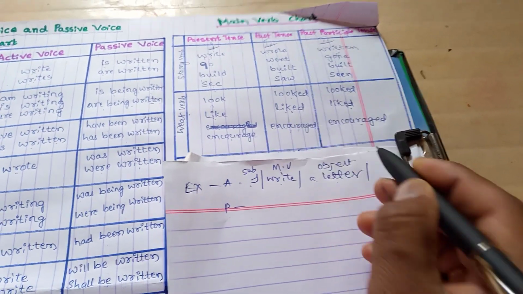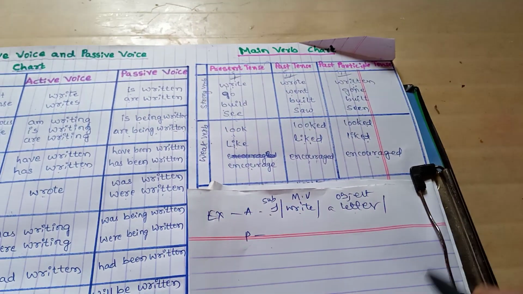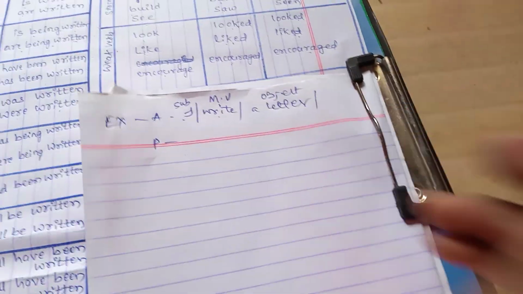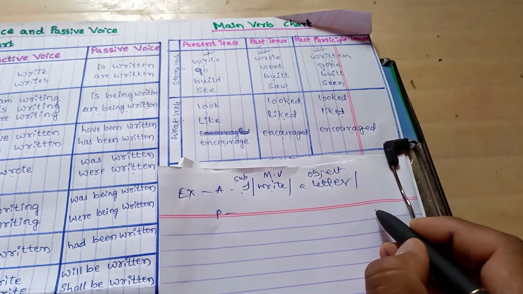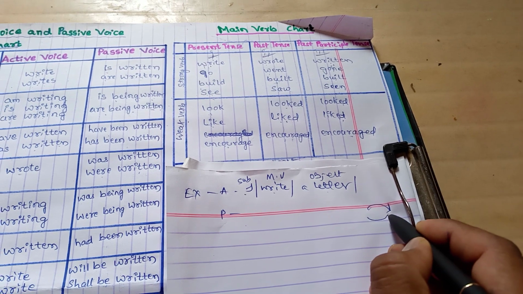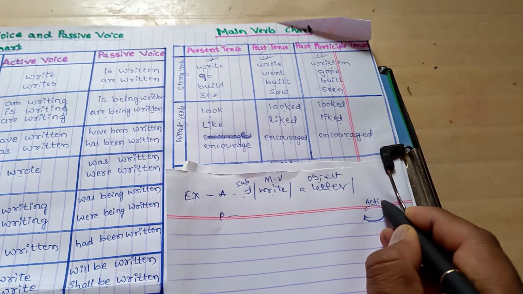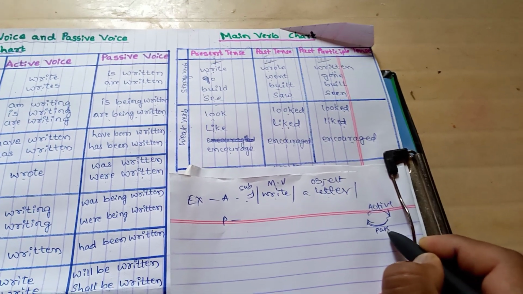Okay. Likewise, I will give one arrow mark to you. See, this is called active, this is called passive.